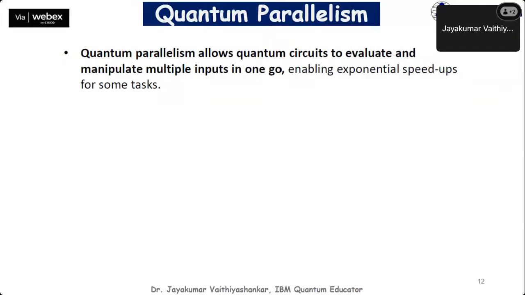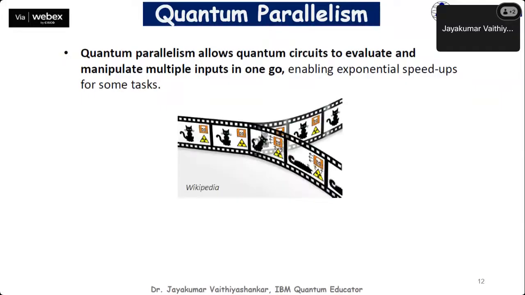All these qubits need to be interlinked, and you can create that interlink between qubits by creating entanglement. Suppose you want to merge multiple inputs in a single stream, then you can go for quantum parallelism if it is needed.